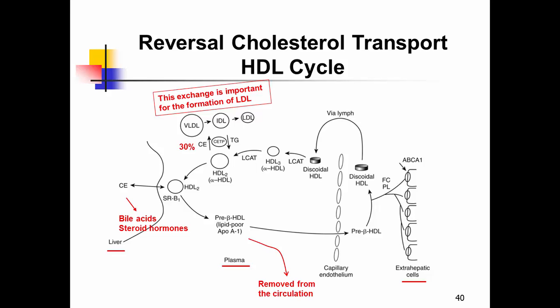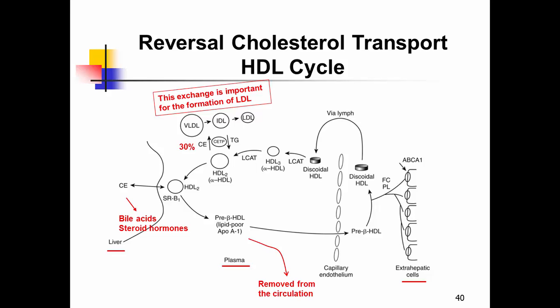Taking these up, the pre-beta HDL becomes a little bit more lipid-rich, called discoidal HDL. ABCA1 is the transporter of free cholesterol, localized on the surface of peripheral cells.